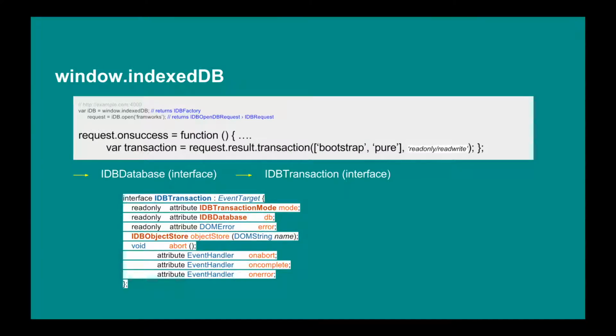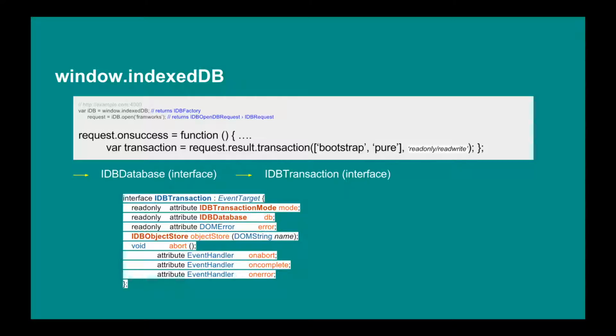So this is how we get the transaction object. As I said before, all the IDB requests would have the result, and the result would have a value depending on what we were trying to do. So the transaction is going to have two parameters. The first one is a set of object store names.